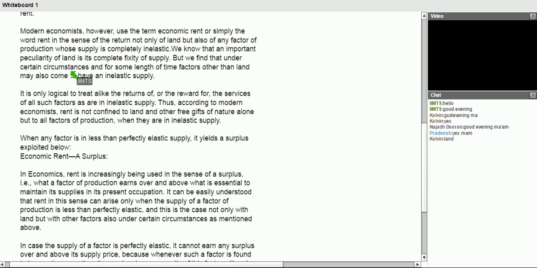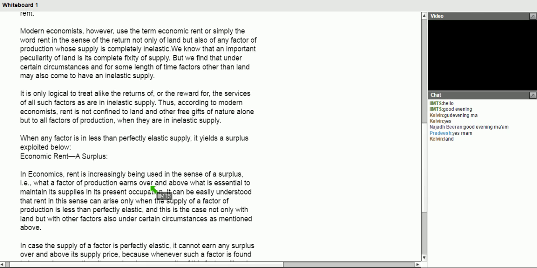Now this was the traditional concept. As per the modern economists, economic rent not only means what we pay for the land, but also for any factor of production. Like these days, since the industries are very technology intensive, lots of technology is put in.